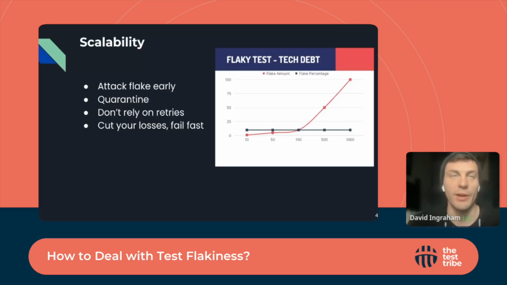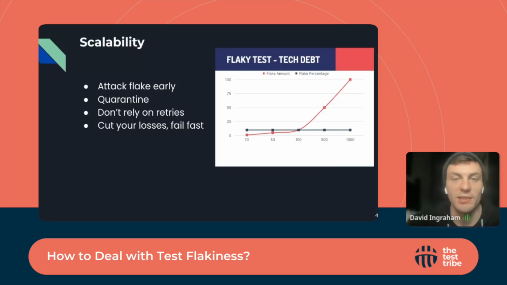You don't want to forget about that, revisit it a month later, and then try to remember what could have happened during that time. If you're not able to address the flake early or investigate it, you can always quarantine your tests, which essentially means just skip them until you have the bandwidth to investigate them. Don't leave them running and creating false failures, muddling up your test results in the code.